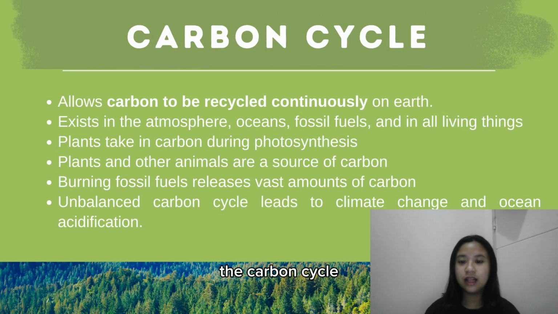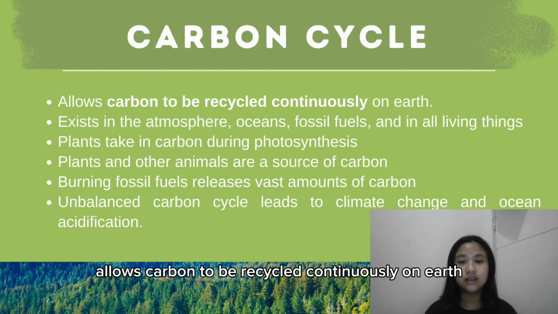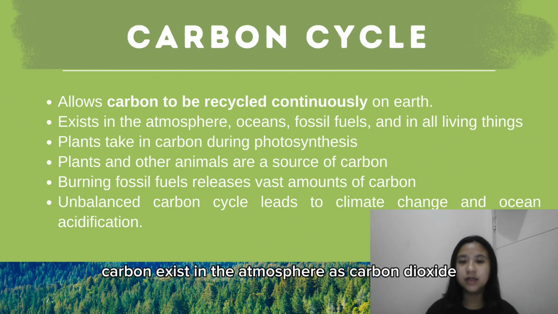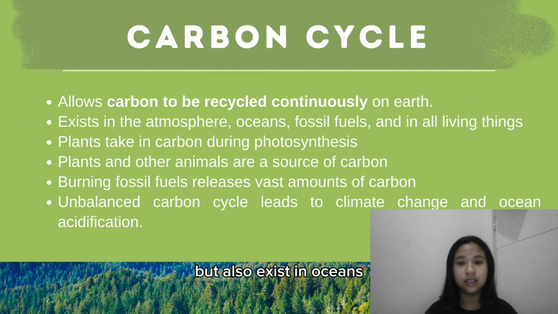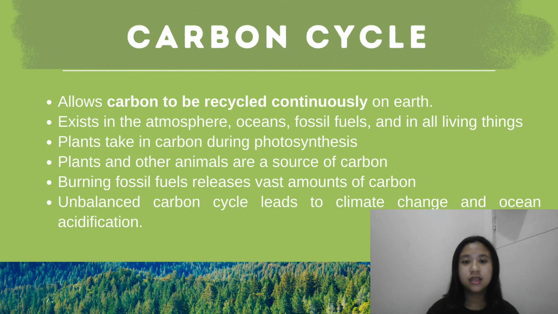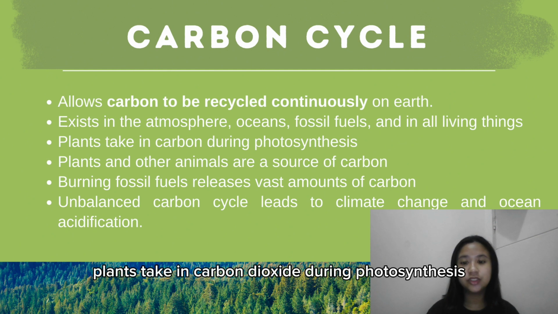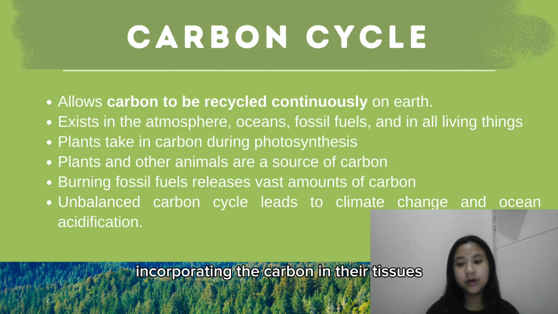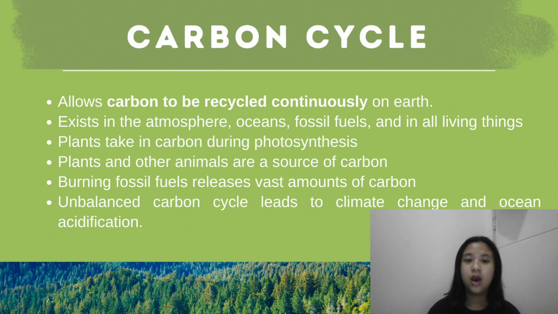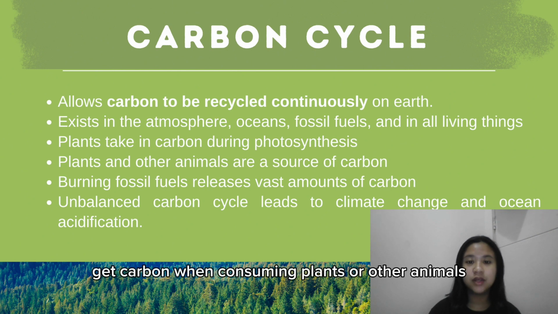The carbon cycle allows carbon to be recycled continuously on Earth. Carbon exists in the atmosphere as carbon dioxide, but it also exists in oceans, fossil fuels, and in all living things. Plants take in carbon dioxide during photosynthesis, incorporating the carbon in their tissues, which is why animals get carbon when consuming plants or other animals.